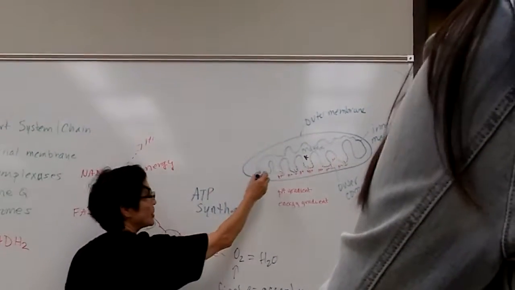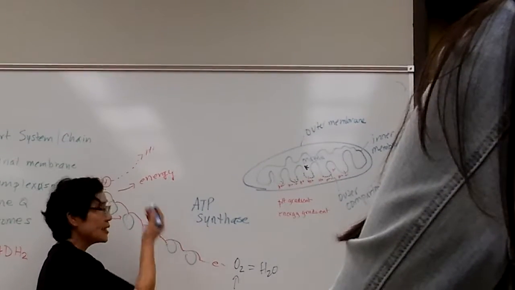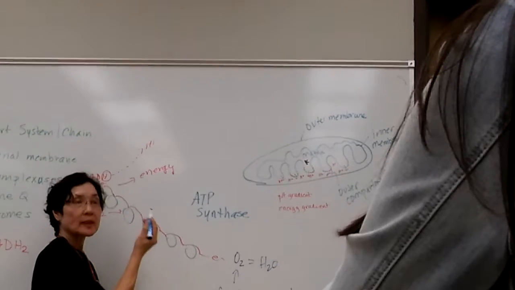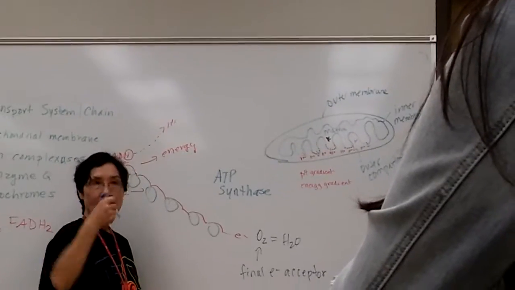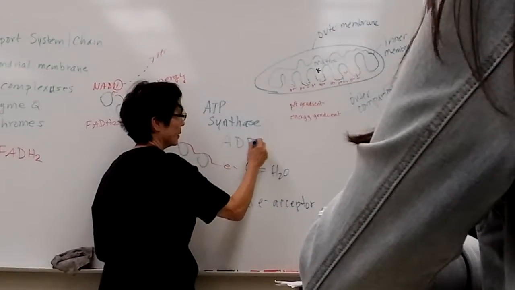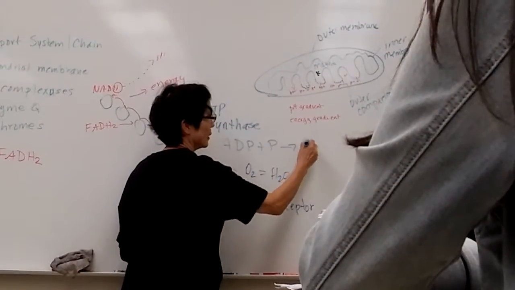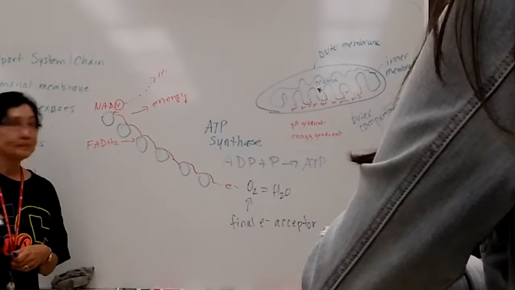As the hydrogens go by, they spin the ATP synthase molecule. In one of the handouts I have a picture of it. They spin it as the hydrogens whoosh by, and they will then cause the phosphate group to be attached to ADP to form ATP.